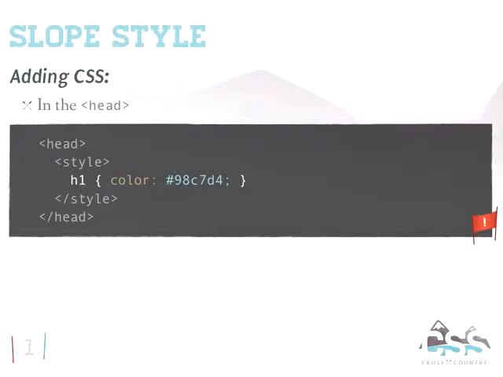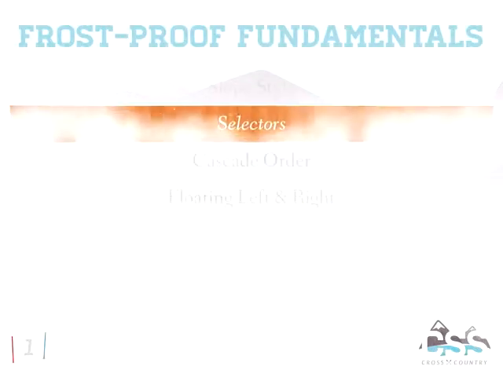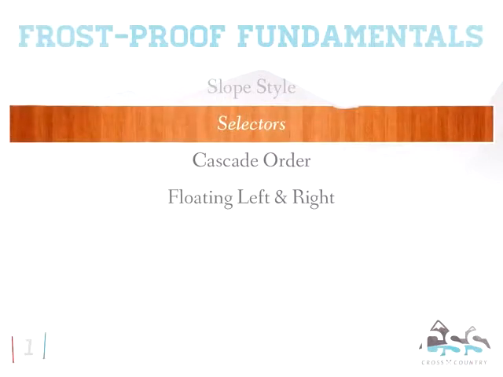So the main way to add your styles is via including them all in an external style sheet and having a link in the head of every page of your document. This is how we're going to treat all the styles in this course, so assume everything is on its own separate style sheet.